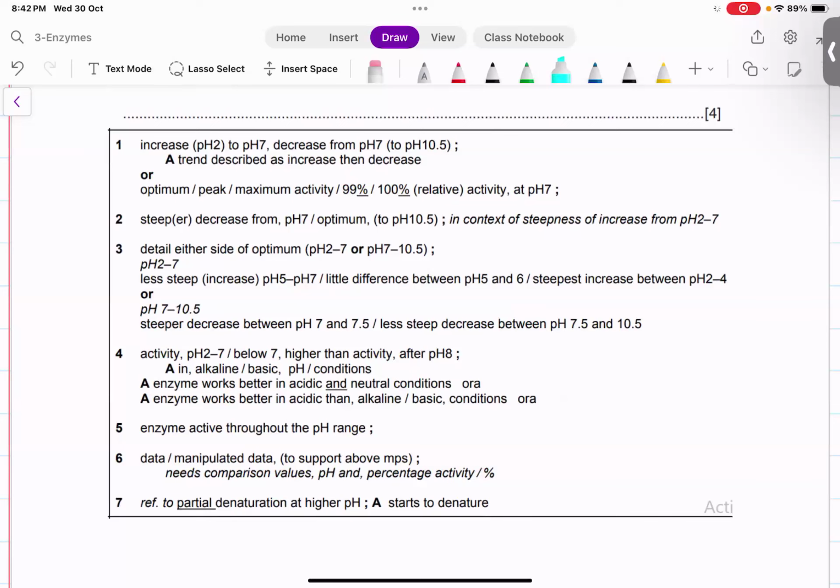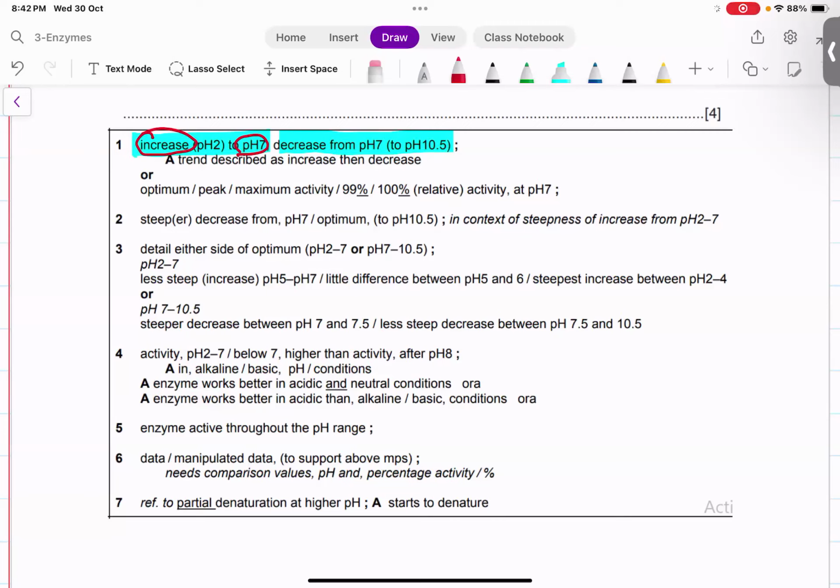Increase of pH 2 to 7 and a decrease from pH 7 to... So as we increase the pH from pH 2 to pH 7, the enzyme activity increases.